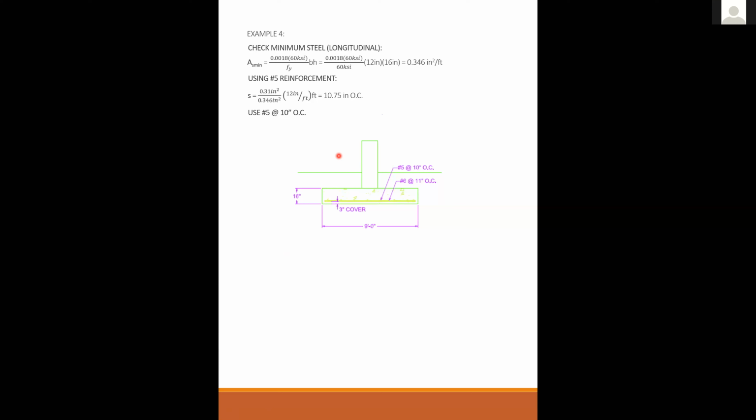Oh, and one more question. So when we're using H equals 12 and then we change it to 16, the footing becomes heavier, right? Yes. So that's why we can meet the shear that we need to.